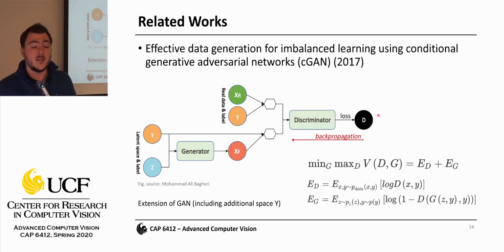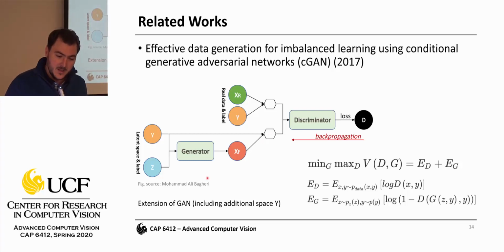More recently, using GANs, there's this work called Conditional Generative Adversarial Network, which basically adds the label information to your GAN. So at the beginning, for the output of your generator, you also add the label for that class. You do the same for the discriminator.